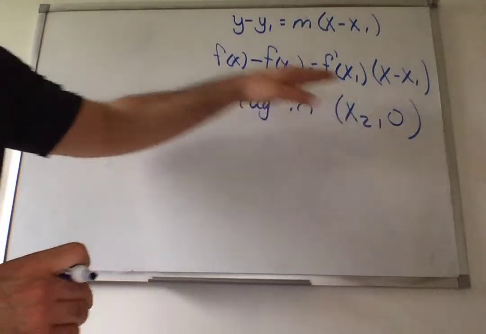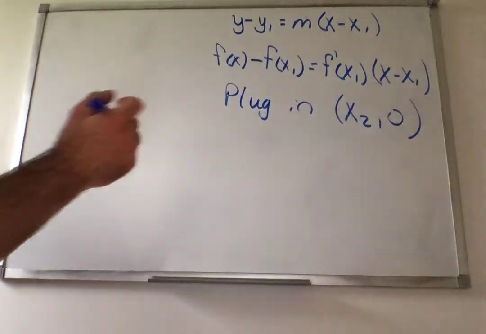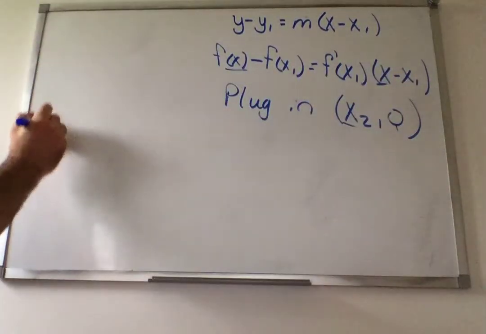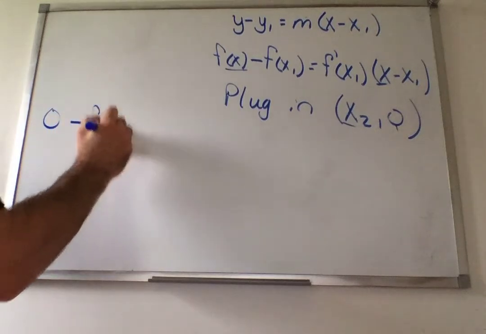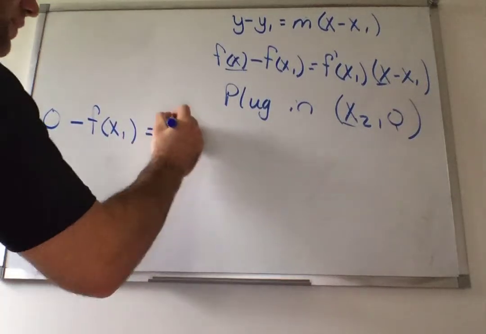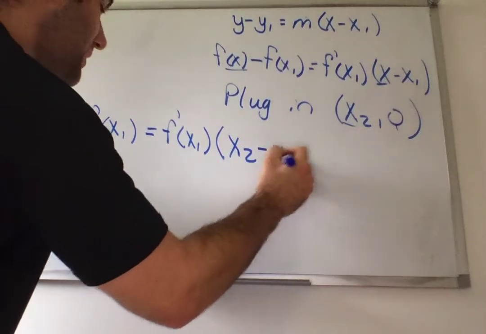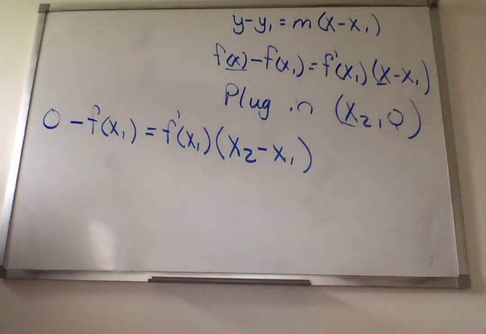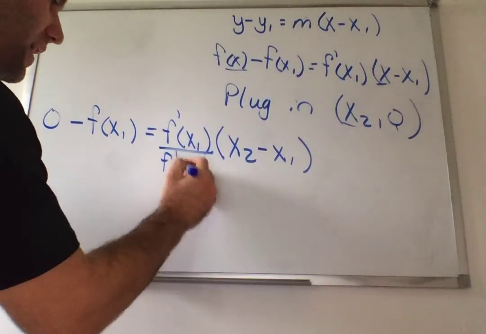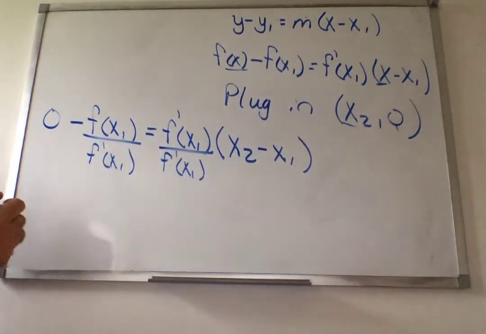Okay, so now let's see what happens when we plug in x2 and plug in 0 into here. So remember, 0 is going in for f of x, x2 is going in for the x's. So 0 minus f of x1 is equal to f prime of x1 times x2 minus x1. Now, I'm going to solve for x2. That means I got to divide both sides by f prime of x1. 0 goes away.